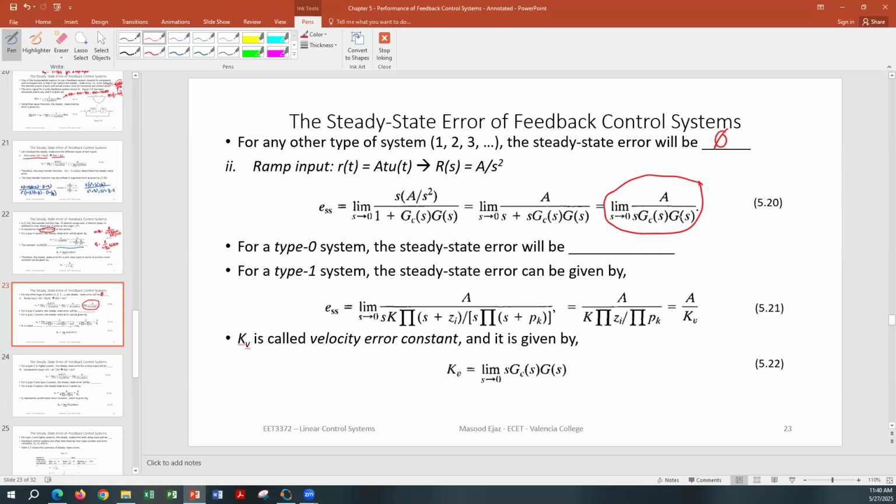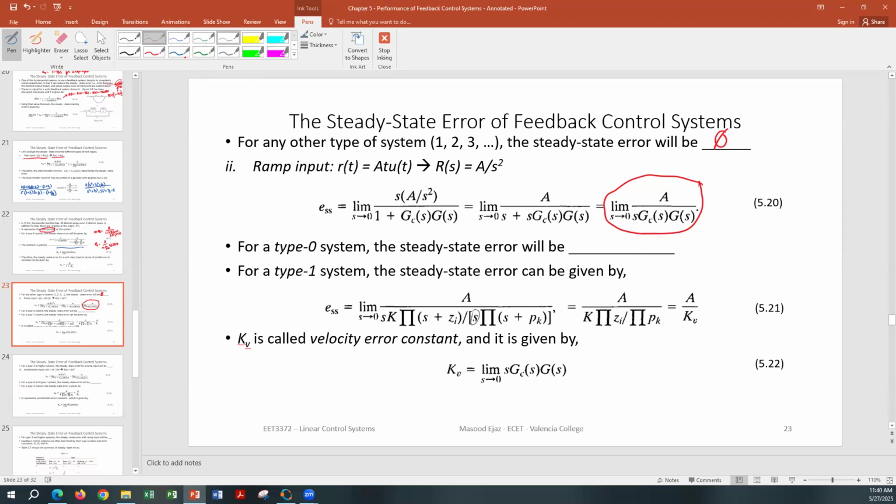For type 0 system, what is going to be the steady state error? Who is going to tell me? So remember, for type 0 system, this is 1 right here. This is 1 for type 0, s to the power 0, which is 1. So what will be the steady state error from this equation?